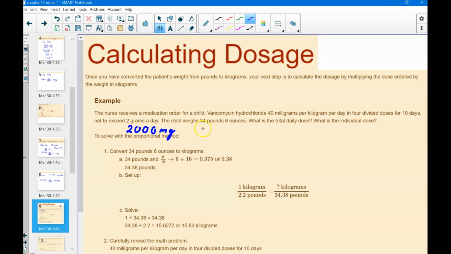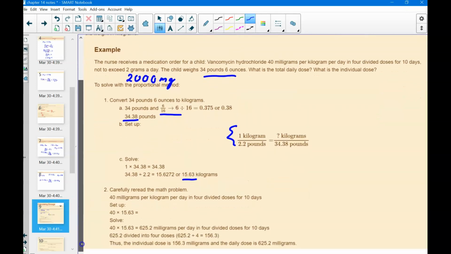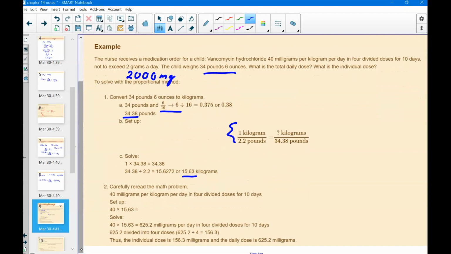So they give us 34 pounds, 6 ounces. First thing we do is convert 6 ounces into a decimal. Then we convert it into kilograms. You can use a ratio, or you can use dimensional analysis, whatever you want to do. So it turns out to be 15.63 kilograms. So 40 milligrams per kilogram.